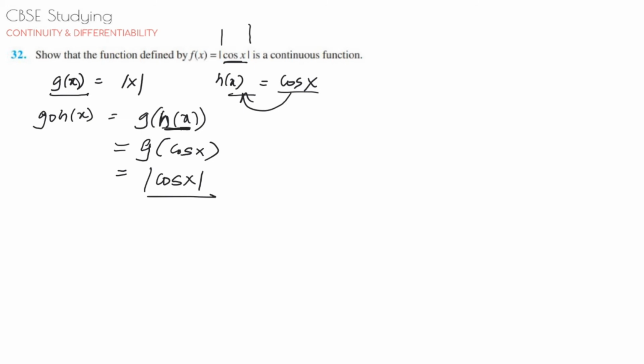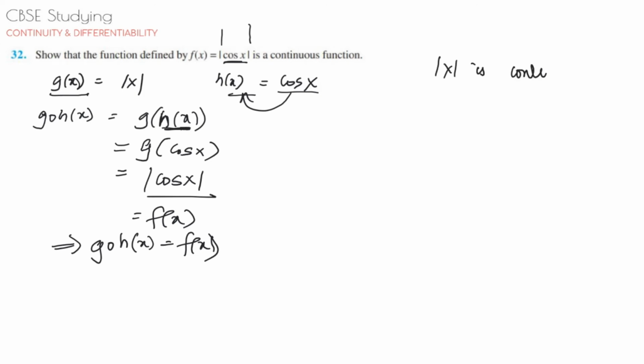Now what is modulus of cos x? Which is also equal to f of x. Therefore we can say that g of h of x is equal to f of x. Now we know that modulus of x is continuous always, right? Therefore, g of x is continuous, correct?